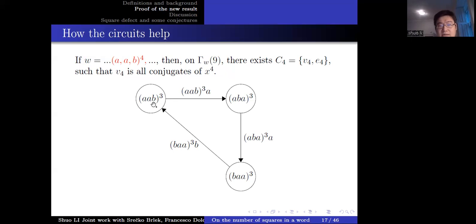So the vertex set of this graph are the conjugates of the word AB to the power 3, and they are connected one by one by a closed path.